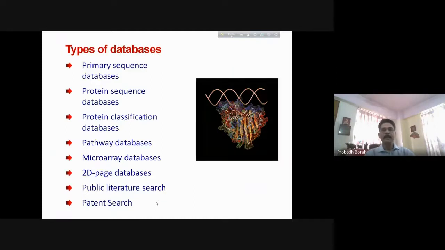So as I said, depending upon the type of information a biological database stores, they may be classified into different types, say primary sequence database, sequence database, protein classification database, pathway database, microarray database, two-dimensional polyacrylamide gel electrophoresis database or 2D page database, public literature search database, patent search database, etc. We shall discuss about all of them in the next class in greater detail.